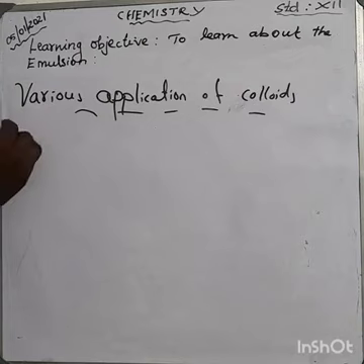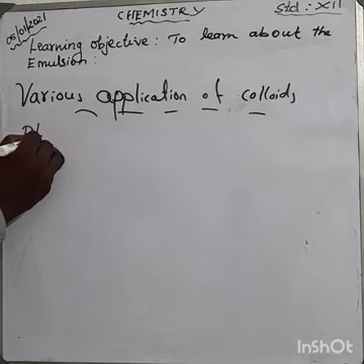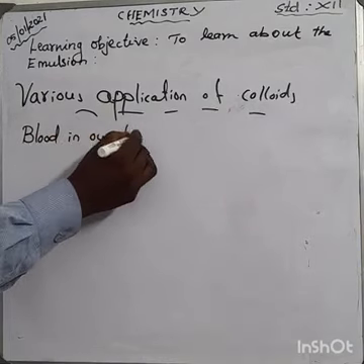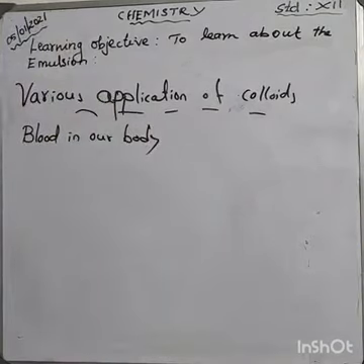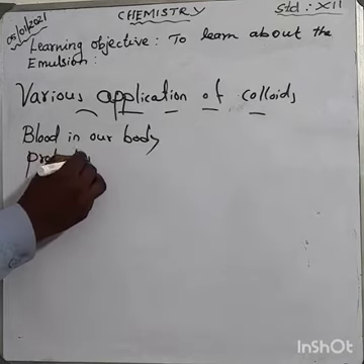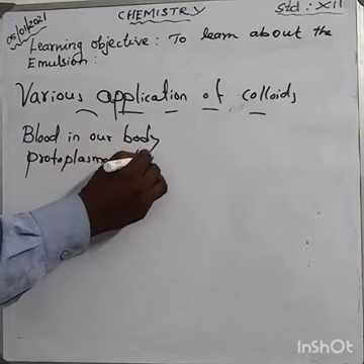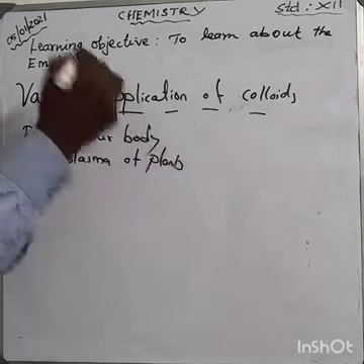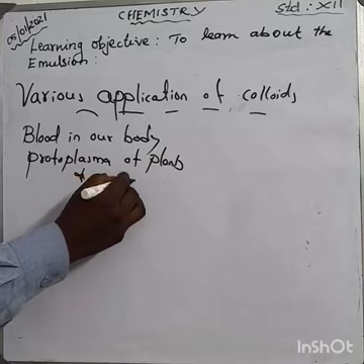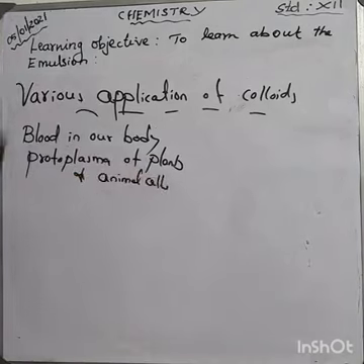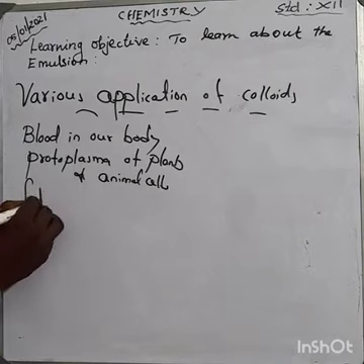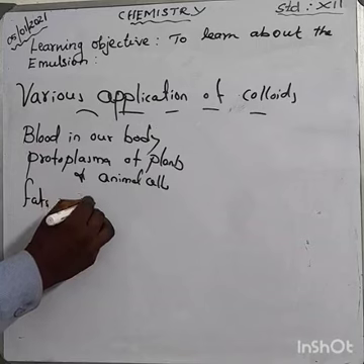Blood in our body, protoplasm of plants and animal cells, and next the fat in our intestine.